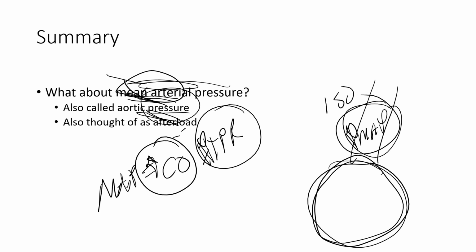Now, the left ventricle is going to have to overcome 150 millimeters of mercury of pressure, right? It's going to have to overcome this aortic pressure or afterload. So now it doesn't just need to overcome 90 millimeters of mercury, it has to overcome 150. So the left ventricle has to contract way more forcefully to be able to generate enough pressure to actually pump the blood out into the aorta.